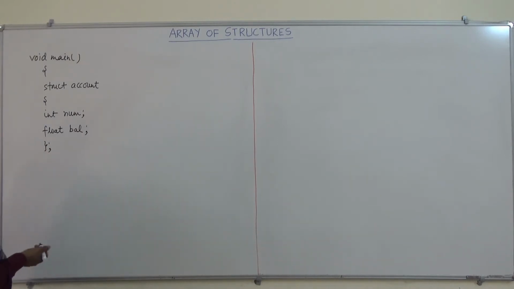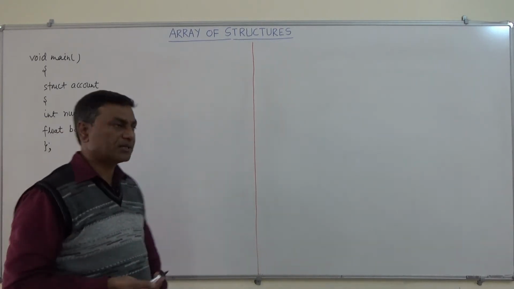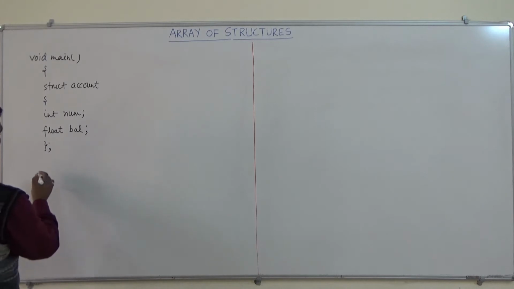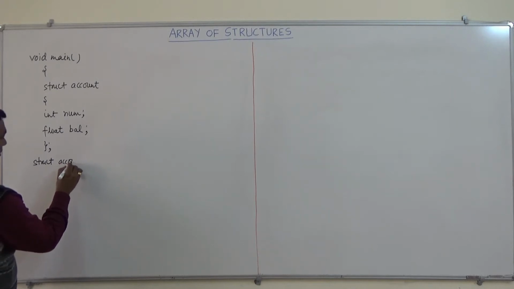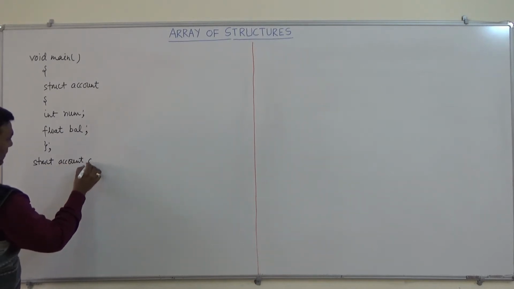Now we will declare the array for this particular structure. So we can write here struct account, and then the name of the array.